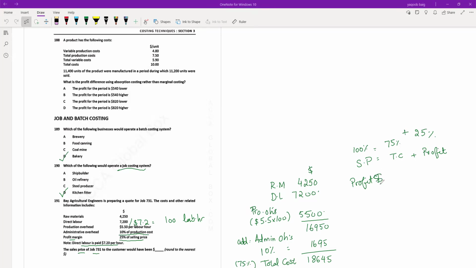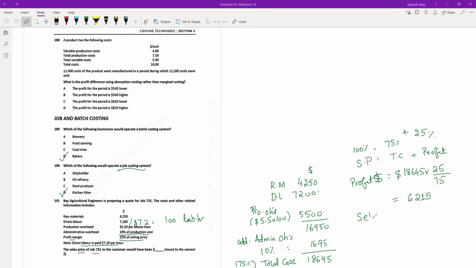Profit value is equal to total cost 18,645 multiplied by profit percentage divided by cost percentage. So we have profit of 6215.